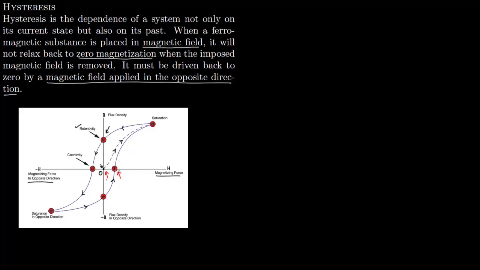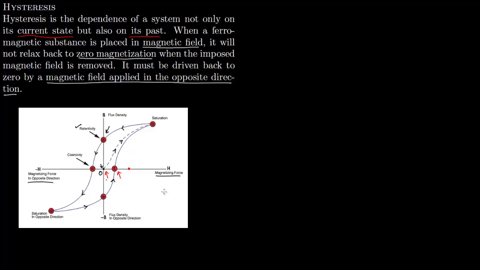Now again, if we start the cycle again, we will again get a hysteresis loop, but this loop will be starting from F, not O. So the dependence is not only on its current state, but also its past. The past was O, current is F. So again, if you want to apply magnetizing force, now F will become O and then you will end up somewhere here as a final point.